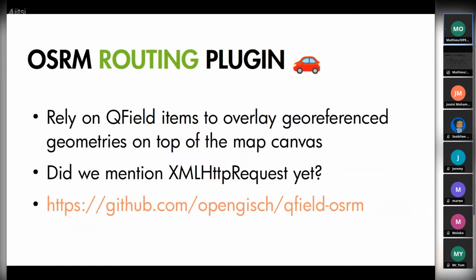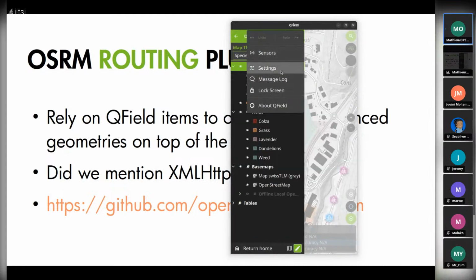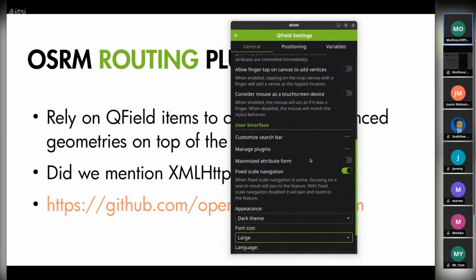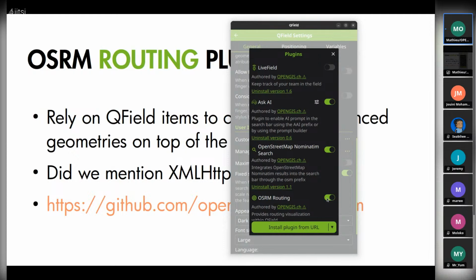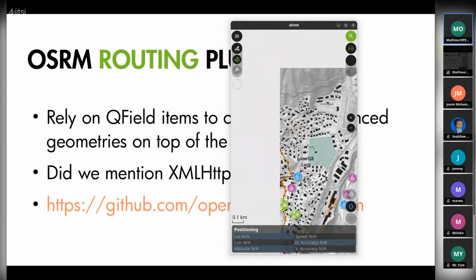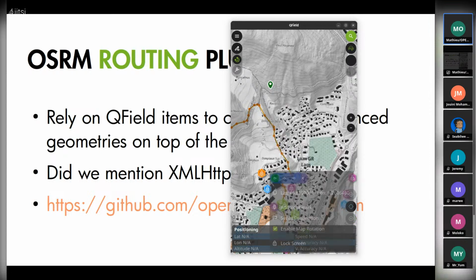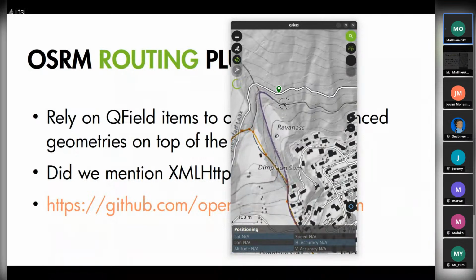Another plugin, the OSRM routing plugin. This one I will activate going into settings, manage plugin. I already have it installed. I will activate it. And this plugin adds actions on the right-click menu of the map canvas that allows you to set up a beginning and endpoint for a route, and then you will be given a route.